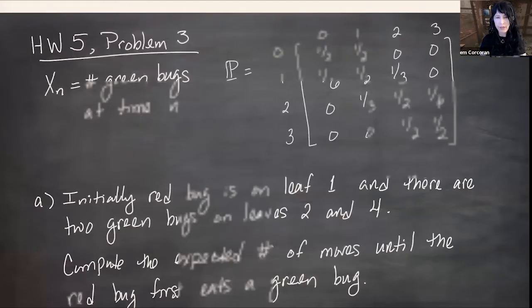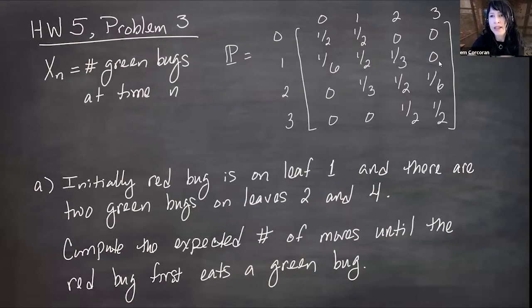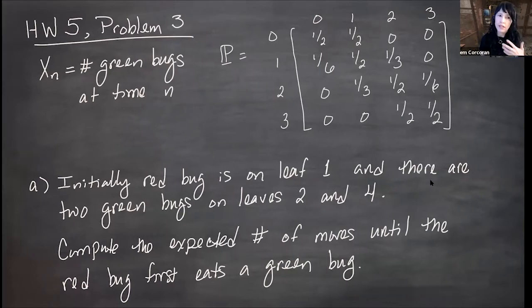So the three things I wanted to point out for problem 3 on the current homework: it is a green bug, red bug problem. And it does depend on you having the transition matrix that you did compute for homework 4. And I don't have those solutions up yet. They'll be going up this weekend, but I wanted to make sure to give you the matrix. So this is a 4-leaf system.